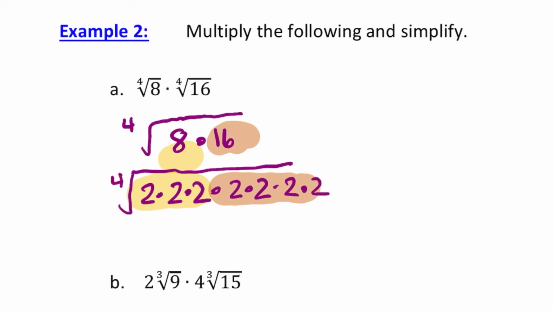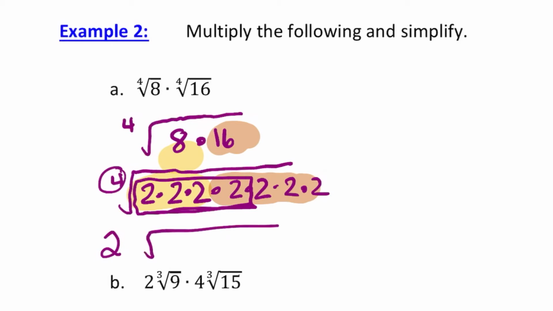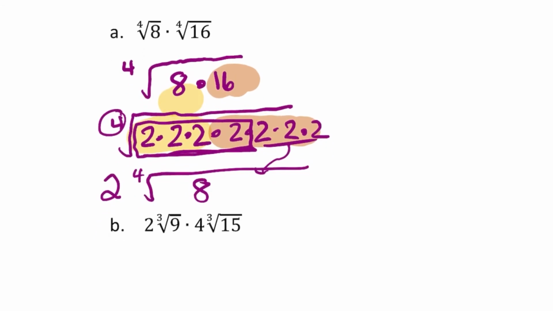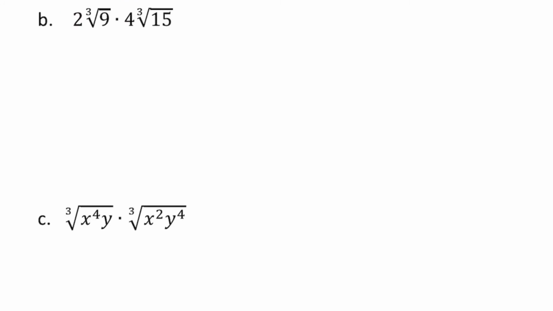And then if you look, you have one complete group of 4 factors of 2. So you can take the 4th root of 4 of those. 4th root of 2 to the 4th would just give you a single 2 on the outside. And then 2 times 2 times 2 left on the inside, which is 8. Don't forget your index on your radical, that little 4 right there.